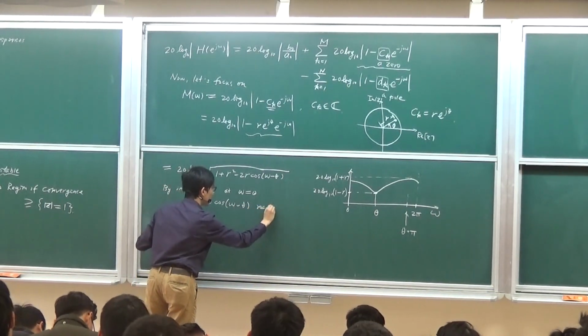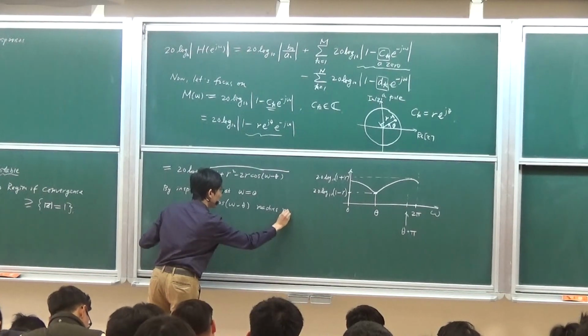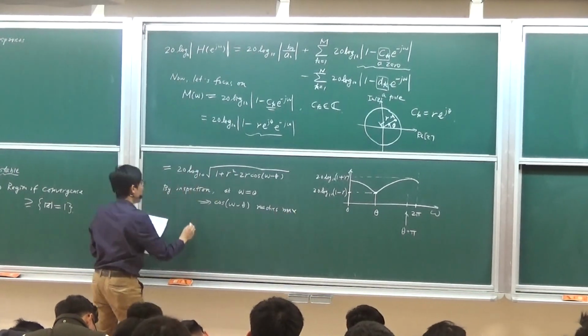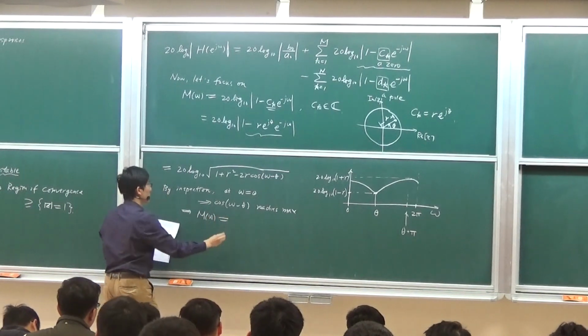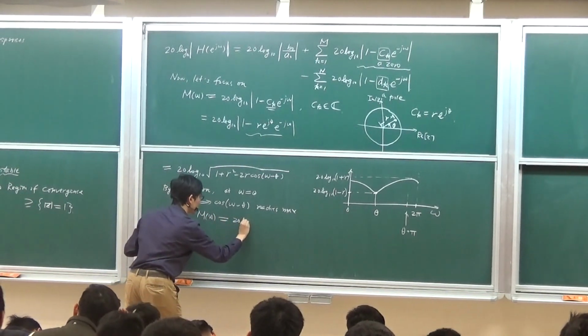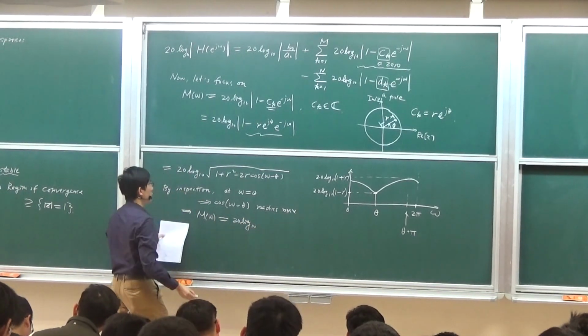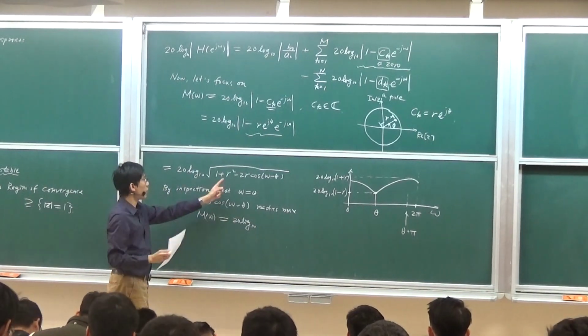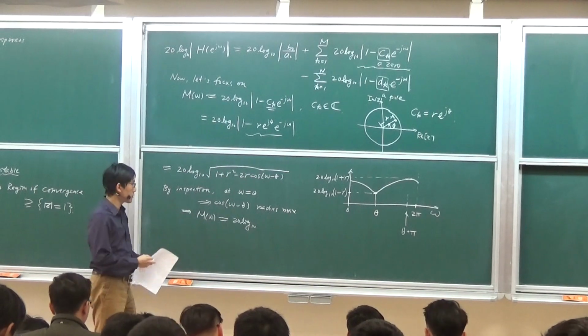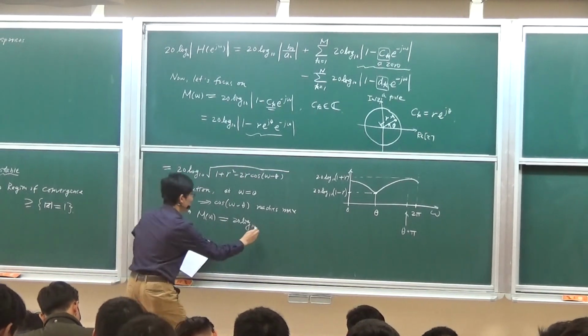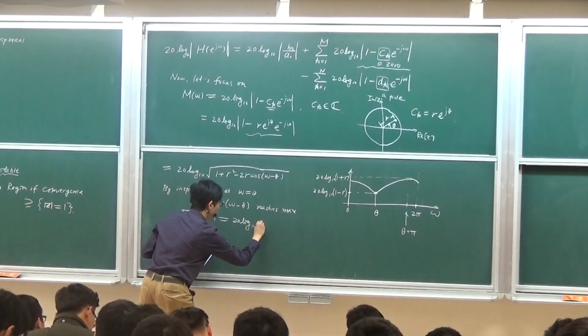reaches maximum and M of omega reaches minimum, which is 20 log 10 of the square root of 1 plus r squared minus 2r. I'm pretty sure you can see that it is just 1 minus r.